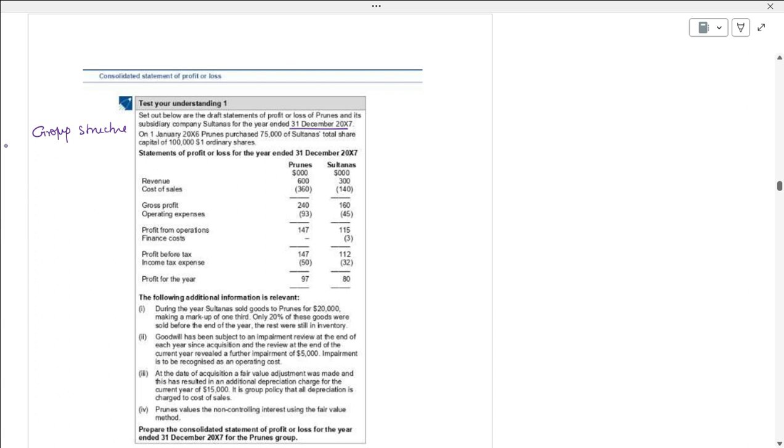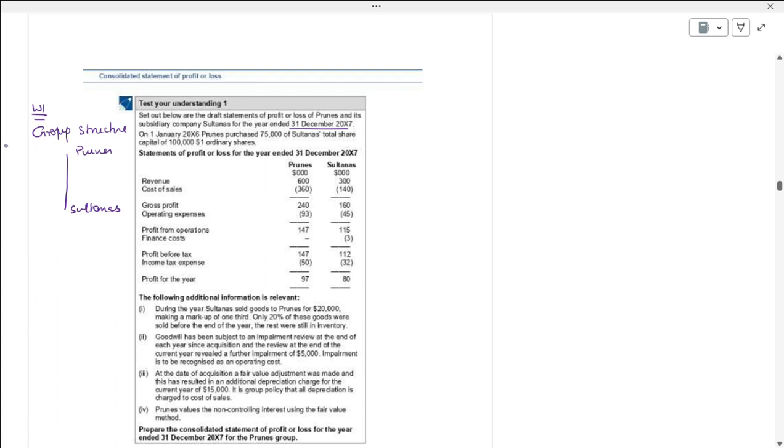Even in the balance sheet or in the income statement, the first working is going to be group structure. This is with respect to Pawns and this is with respect to Sultanas. How much have they purchased?